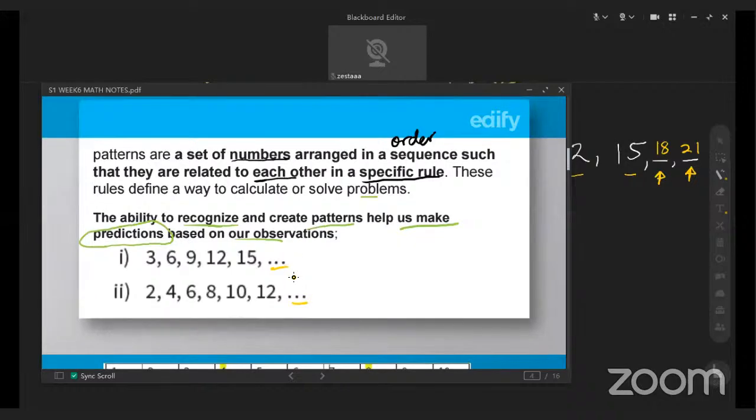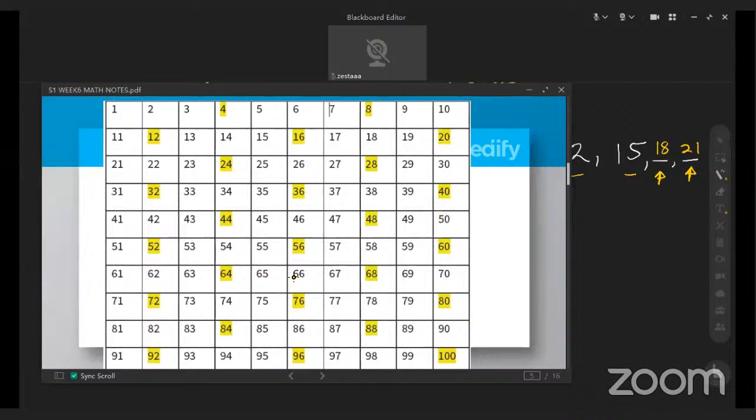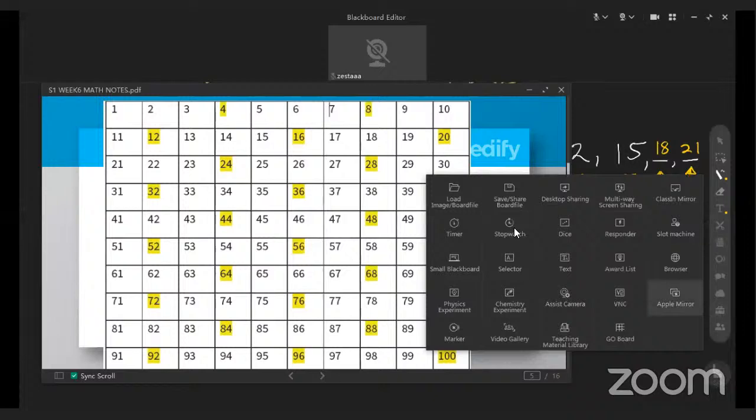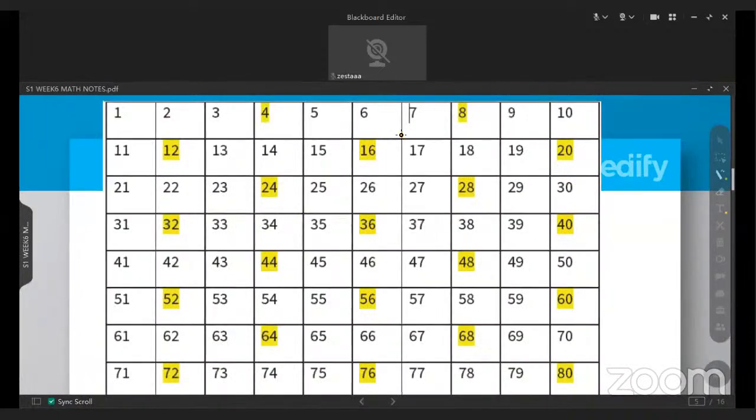Now, moving on, let's go to another one. Now we have a big table here. Look at this table of mine. Let's answer something together here.